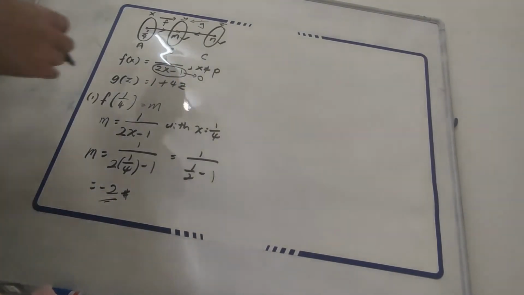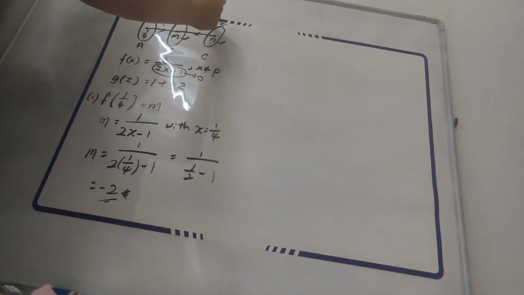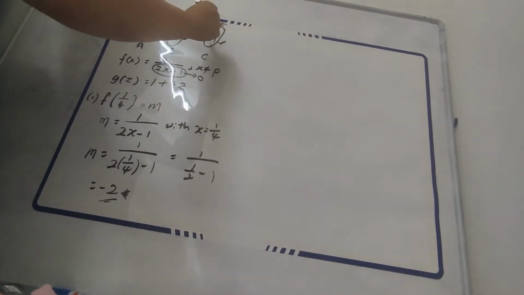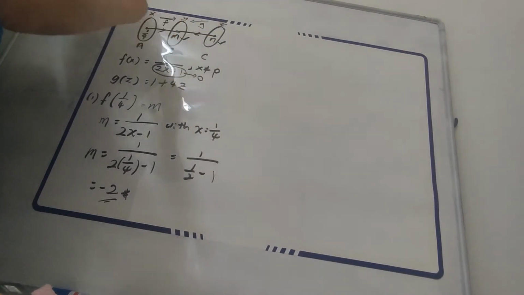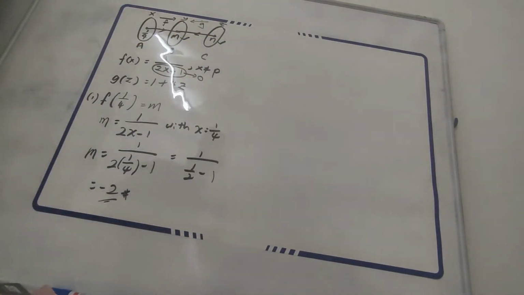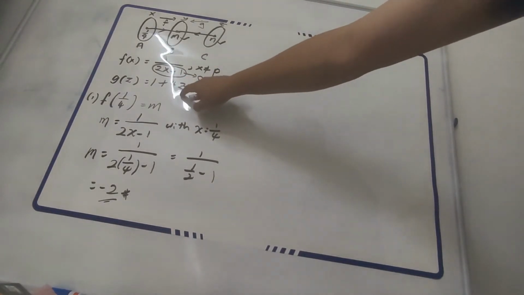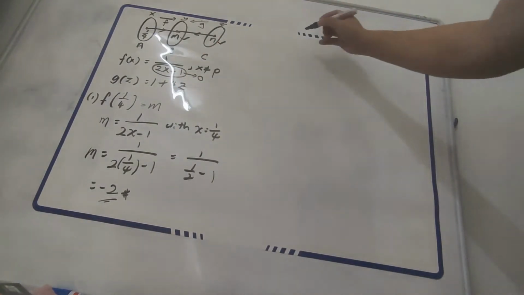And now what is n? However, the point is going here. That means the function g with the variable n equals m. So to solve this, we need to use g(z).